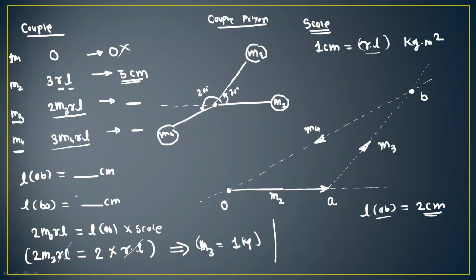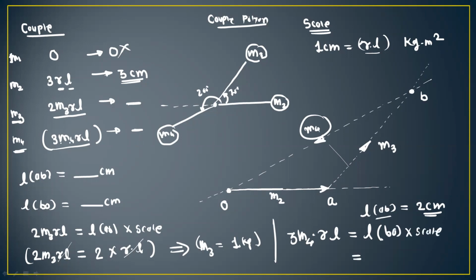Similarly, the mass M4, its actual value is 3 M4 R into L. So 3 mass M4 R into L is equal to length BO into scale.